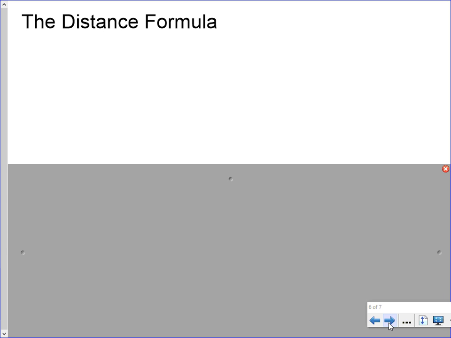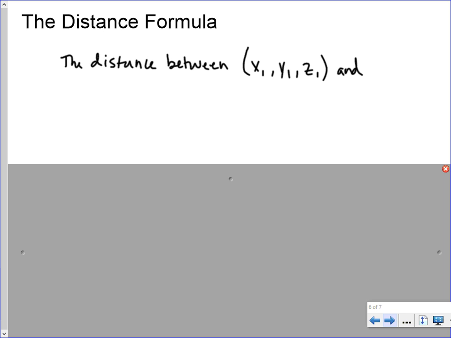So the distance between x sub 1, y sub 1, z sub 1, and x sub 2, y sub 2, z sub 2 is basically the same distance formula that you already know. You just add a little section for the z coordinate.